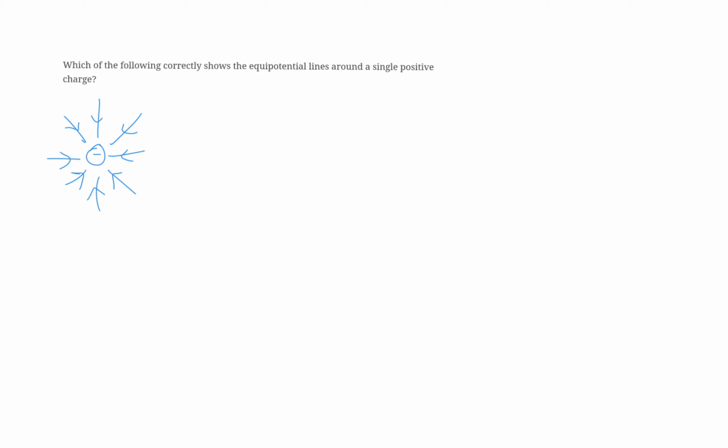If we've got a positive charge, well then that is going to be similar but with the arrows pointing in the opposite direction. Now note that this question is not asking for the electric field lines. What this question is asking for is the equipotential lines, and this is something that we looked at right at the start of Unit 10.